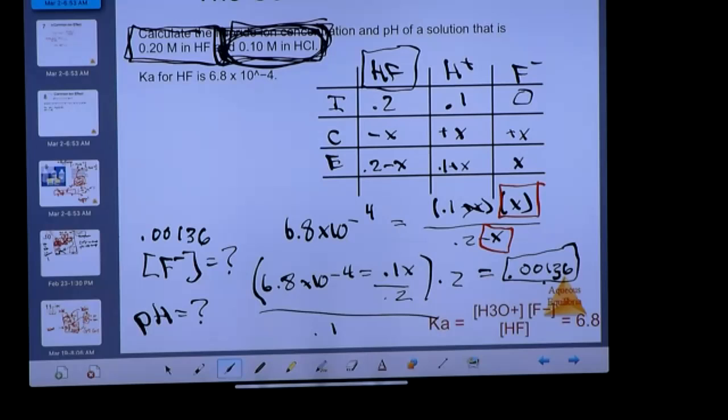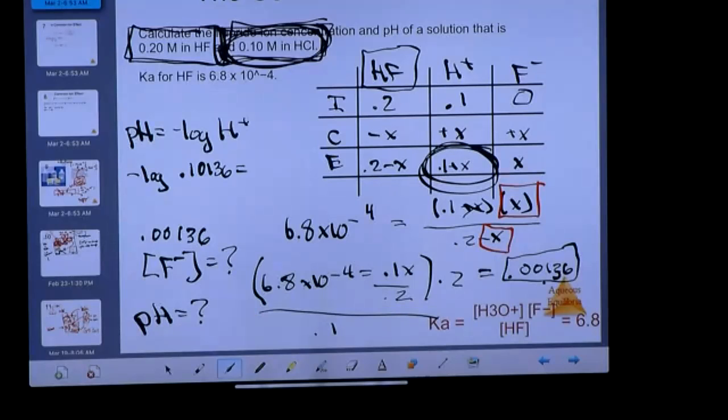Okay, now what about pH? How do you find pH? pH, all right, it's equal to negative log of H plus, right? And we have H plus, we can calculate it right here. 0.1 plus X, so it's the negative log of 0.1, and then we add 0.00136, right?